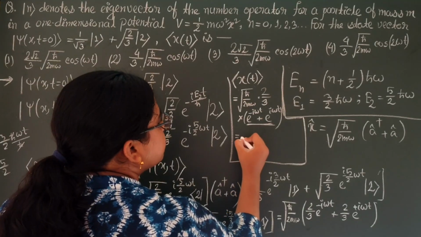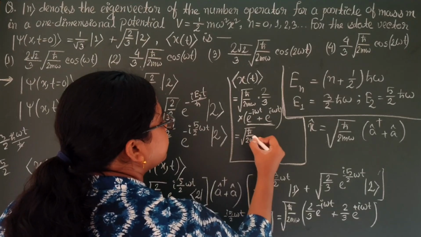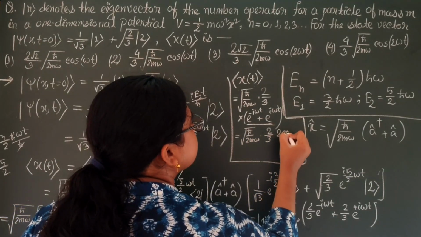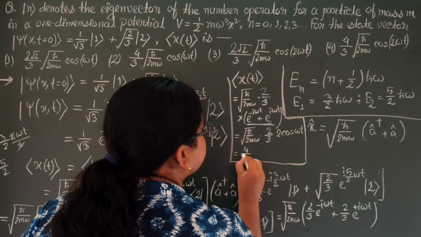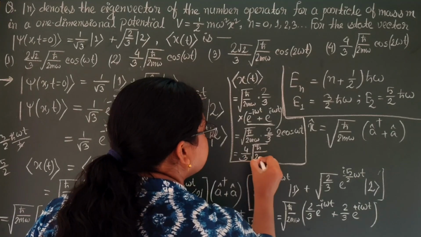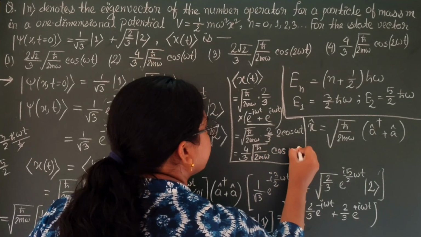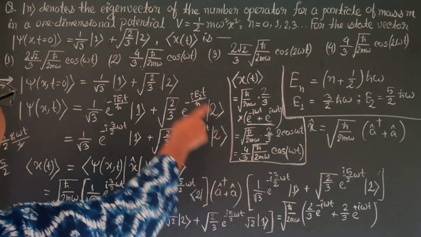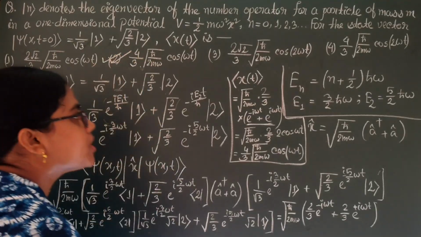So put the value: root over h cut by 2m omega, 2 by 3, into 2 cos omega t. So it will give 4 by 3 root under h cut by 2m omega cos omega t. Now check the options: 4 by 3 root over h cut by 2m omega cos omega t. So the correct option will be option 2.